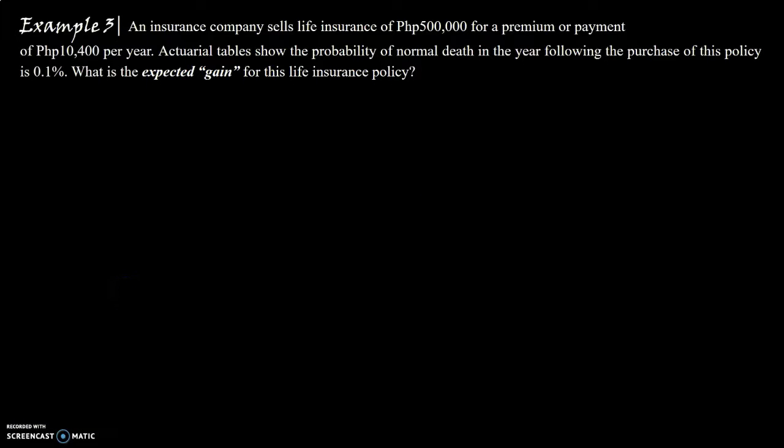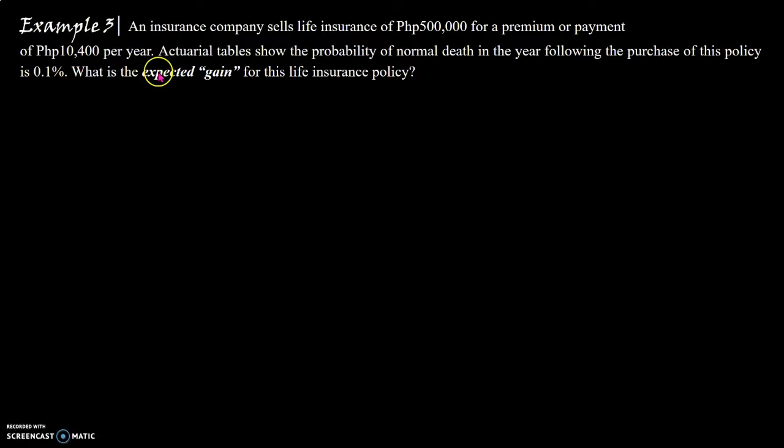Now let's have example 3. An insurance company sells life insurance of 500,000 for a premium or payment of 10,400 per year. Now, actuarial tables show that the probability of normal death in the year following the purchase of this policy is 0.1%.